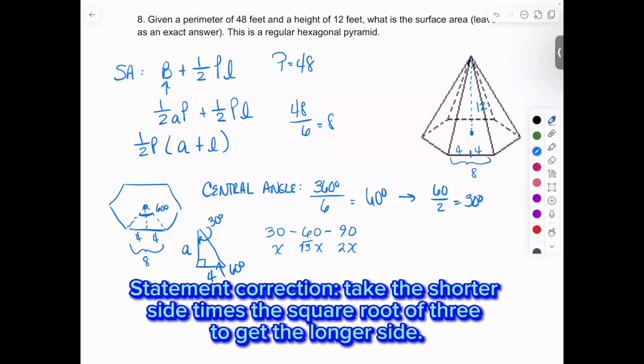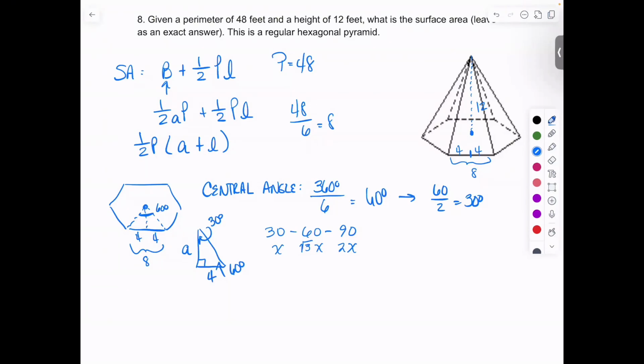So we have the side opposite the 30-degree angle, the shorter side. We know it's 4. I do know the hypotenuse is 8, so I'll put 8 there, but it's not relevant. We don't need it. A is simply going to be X√3, which is 4√3.